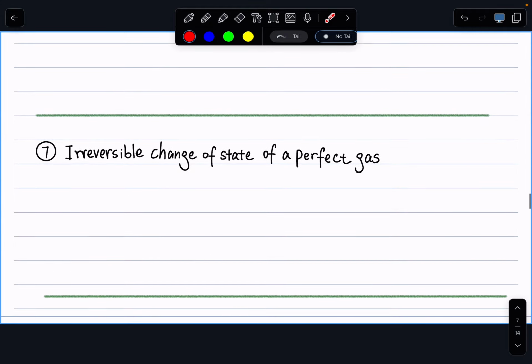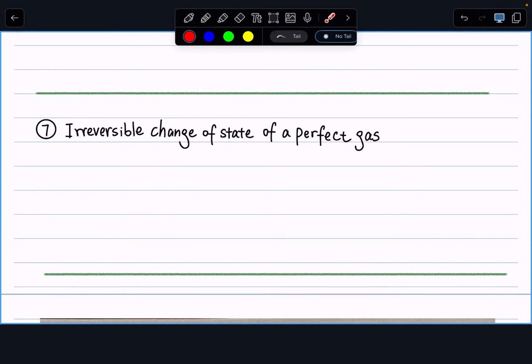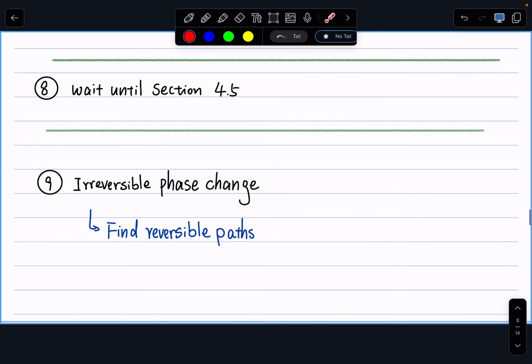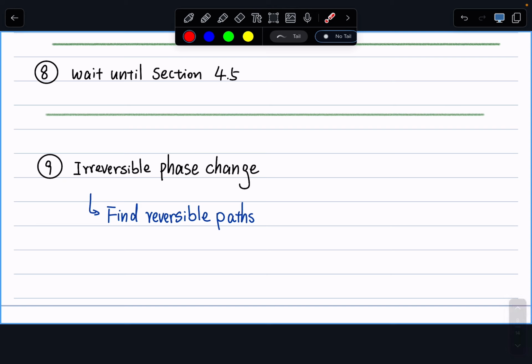And then we'll look at scenarios like, for example, if we have irreversible changes, how can we build a reversible path to solve the problem? And then we have irreversible phase changes, and see how we can build reversible paths for irreversible phase changes. So these two are going to be a very good demonstration.